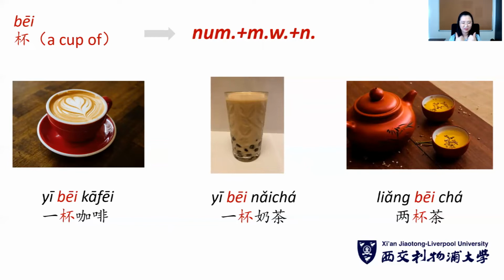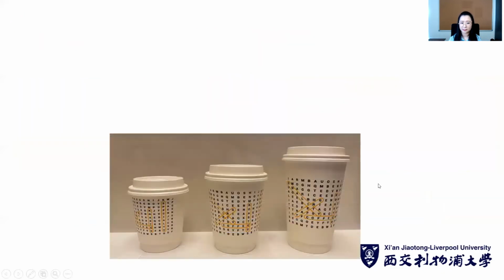Good. But the real thing is, if you go to a cafe, you will see there are different sizes of coffee. So how to call those different sizes? To call the small one, that is 小, medium, 中, large, 大.